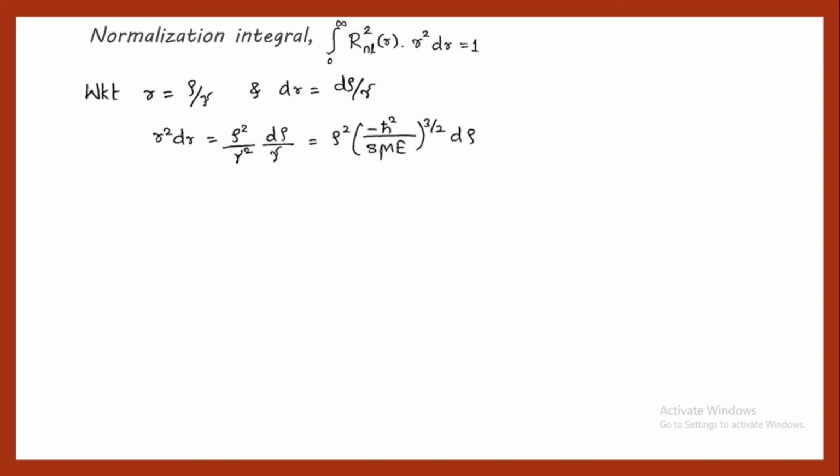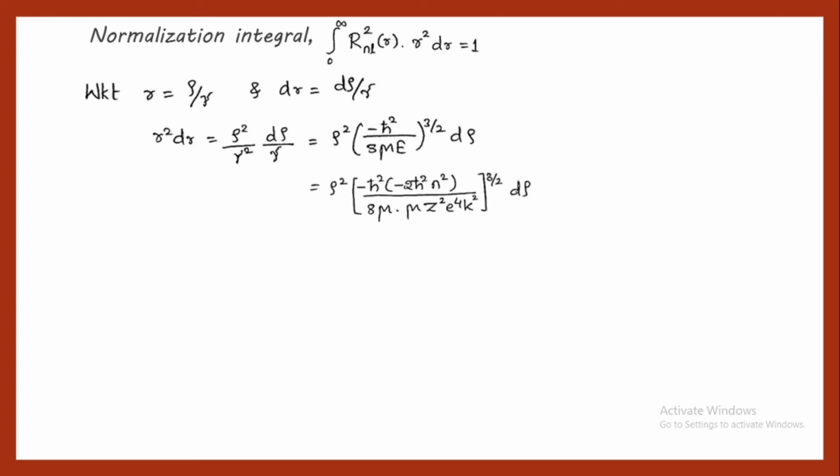So when you simplify, we get r square into dr is equal to rho square into 1 by gamma cube, which is nothing but minus h cross square by 8 mu E raised to 3 by 2 into d rho. So again, the gamma value we have considered as 8 mu E divided by h cross square, negative, raised to 3 by 2. So we have substituted all the things.